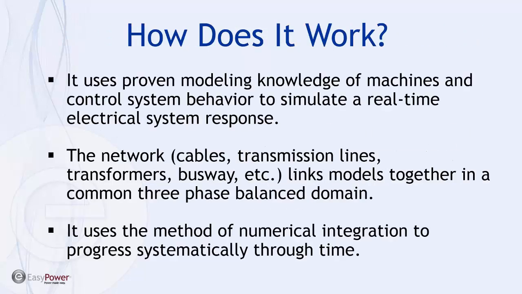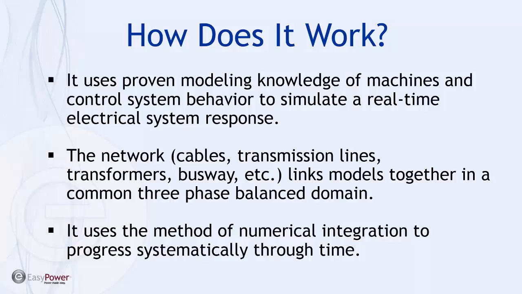How does it work? First of all, as I mentioned before, there are three main parts to the system, and it uses proven modeling knowledge of machines and control systems behavior to simulate a real-time electrical system response. Now a big part of this is the network, which is the cables, the transmission lines, the transformers, the busways, etc., which link the models together.